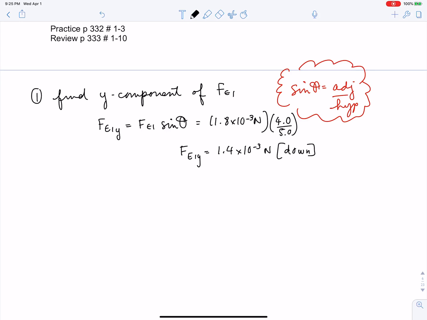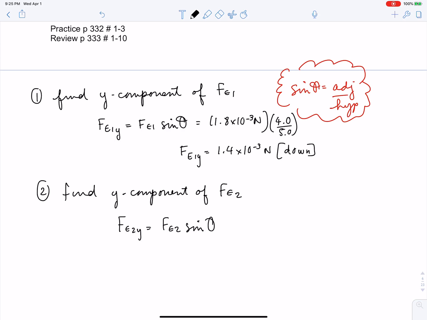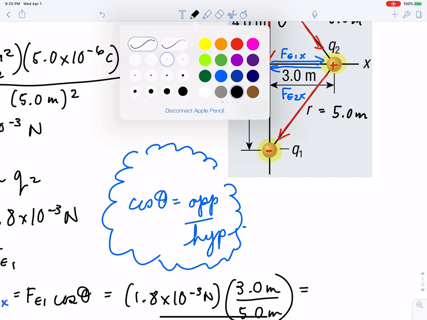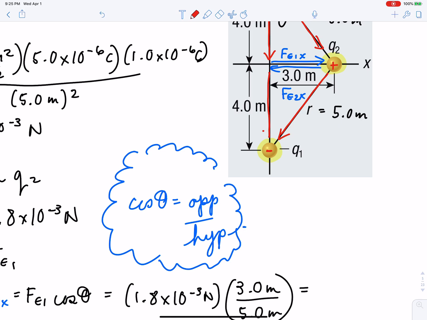Let's find the y component of Fe2. Fe2y equals Fe2 sine theta. Now just to show you on the diagram, this is also pointing in the downward direction. Because again, we have a positive charge and a negative charge, so it will be directed in this direction, downward. So the y component is pointing down.